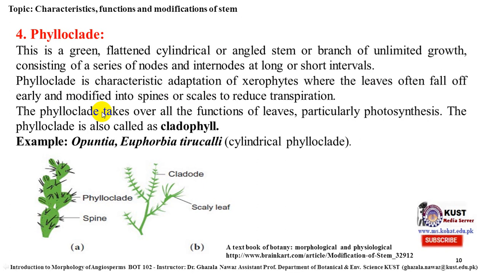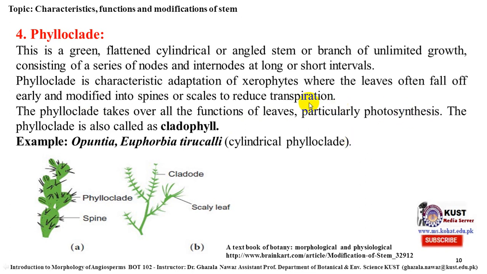This type of modification, the phylloclade, is observed in plants growing in dry regions, as I mentioned, in xerophytes, and the stem is actually used for the purpose of photosynthesis.